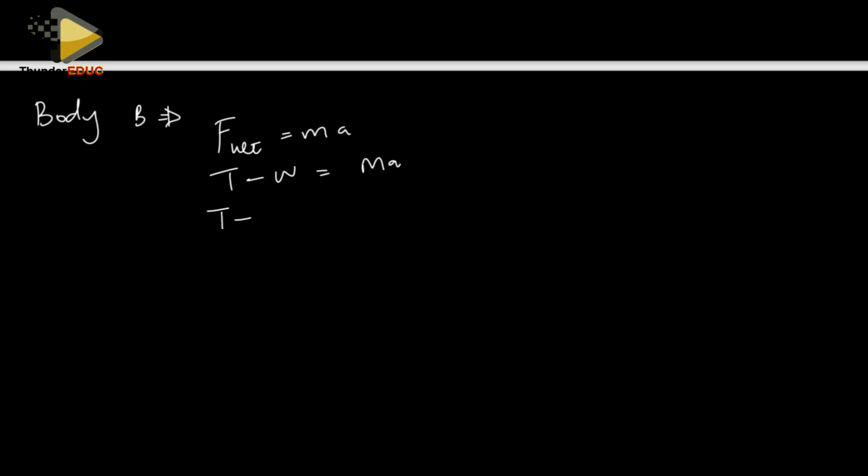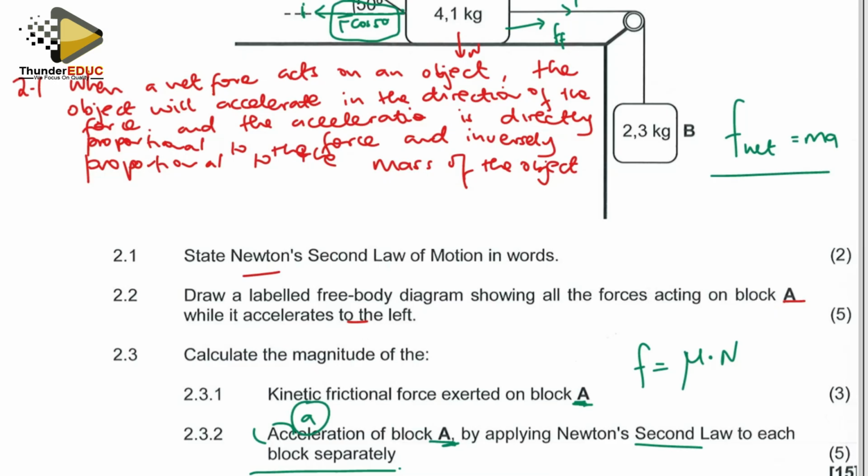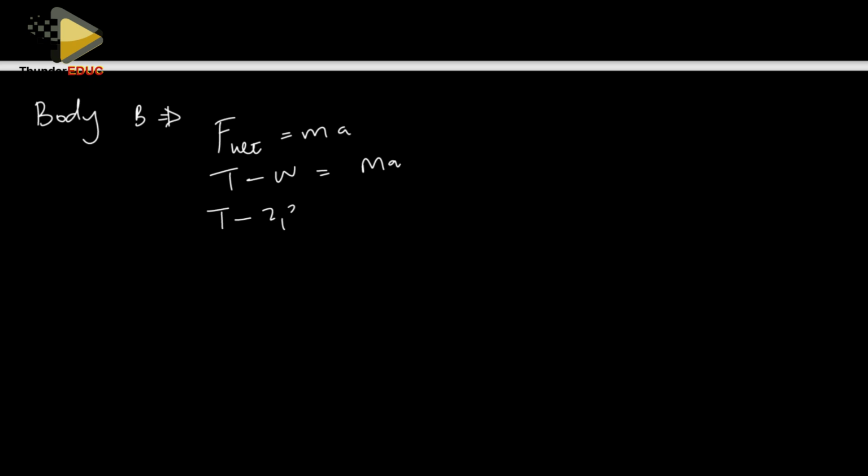Our tension we don't know, but the weight is going to be 2.3 times 9.8, which becomes 22.54. So I'll have 2.3a minus 22.54. I'll call this my equation number 1.